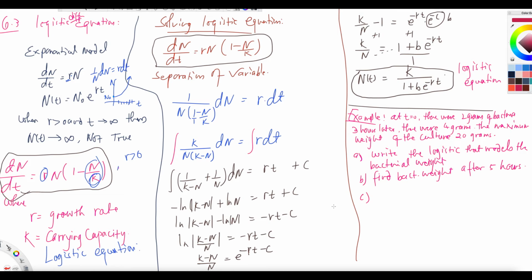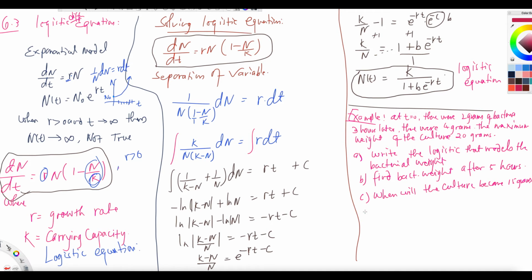Number C is, when will the culture or bacterial weight, that's the same thing, become 15 grams?